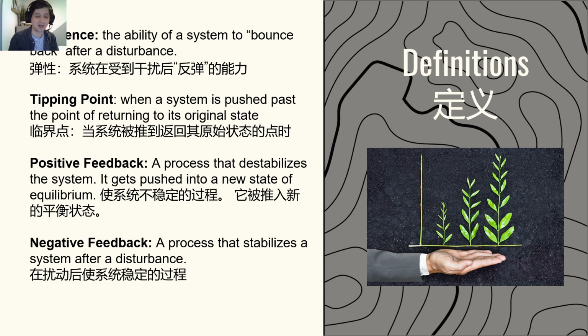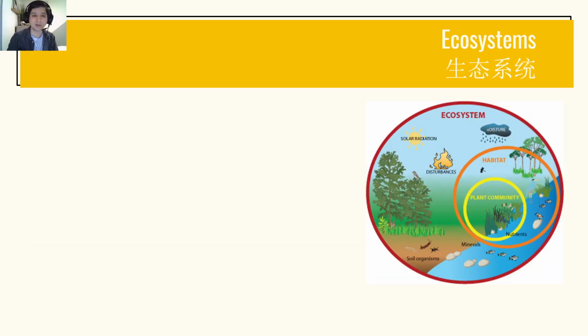And then we have positive feedback, a process that destabilizes the system. It gets pushed into a new state of equilibrium, right? And then we have negative feedback. It's a process that stabilizes a system after a disturbance. Okay, so a lot of these words are related, and they connect to each other, and we'll discuss later in more depth how they are related and how they work.